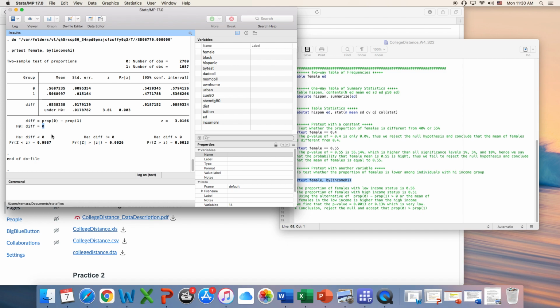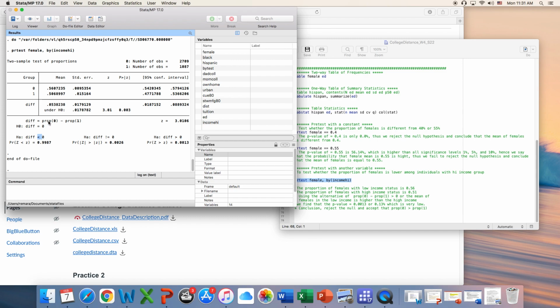We're performing the test on the 0, whether it's not equal to 0, whether it's greater than 0, meaning that the income of females who come from the low income group is statistically significantly different from the females who come from the high income group. And this is the opposite, right?